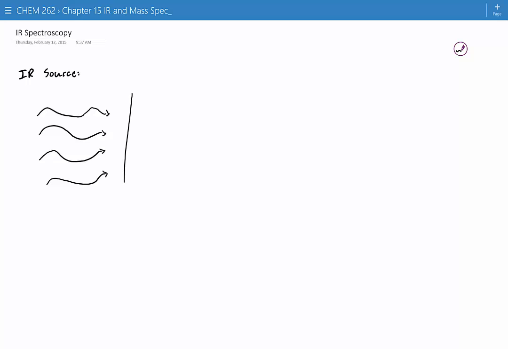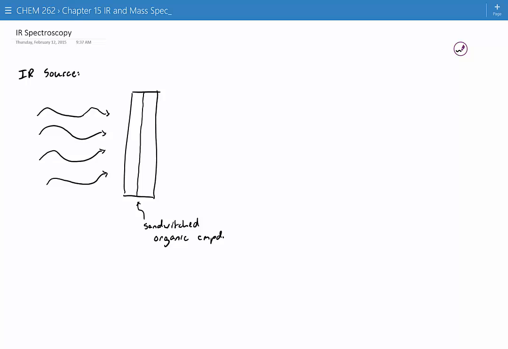What they do is they hit our sample there. So we've got some sample. In a lot of labs, it's actually two salt plates, and in between it is a sandwiched organic compound. In our lab, we actually have a different sort of IR, but the same concept applies.